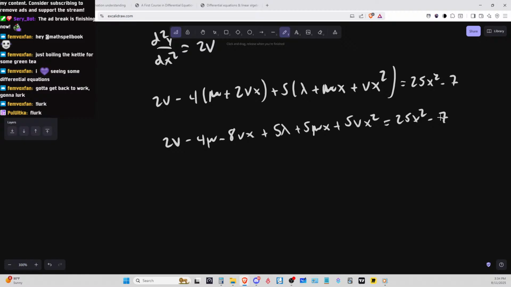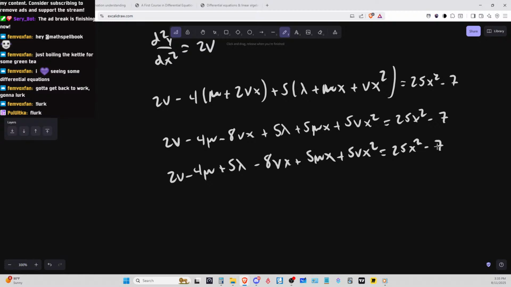Okay. This one's going to be a little bit cumbersome, but we'll do it. So these are considered constants. We'll put the 5 here. Oops, not 5y. 5 lambda. And then we'll have minus 8 mu x plus 5 mu x plus 5 nu x squared 25 minus.